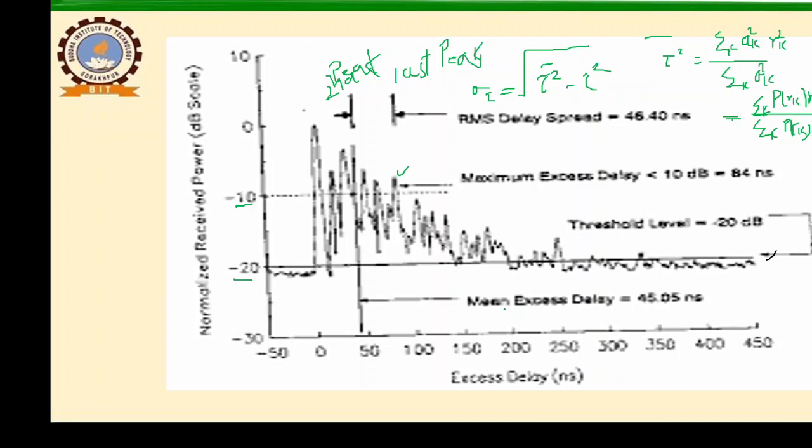So this is the first moment where the power delay profile has been calculated.